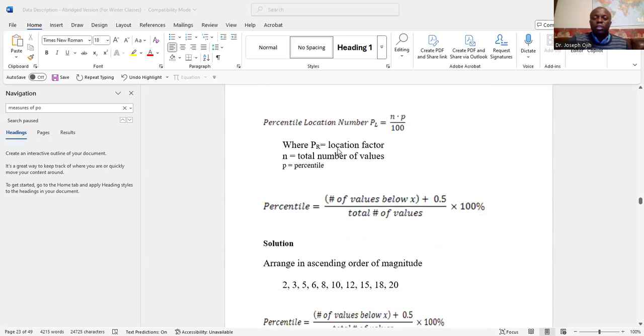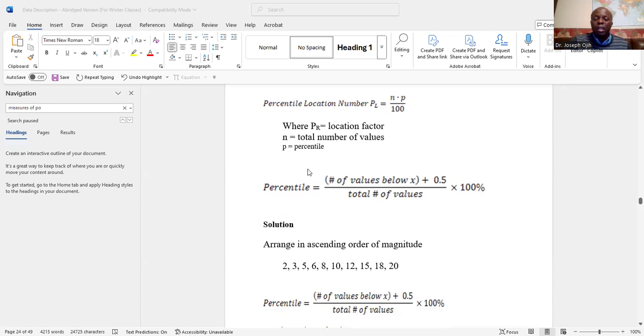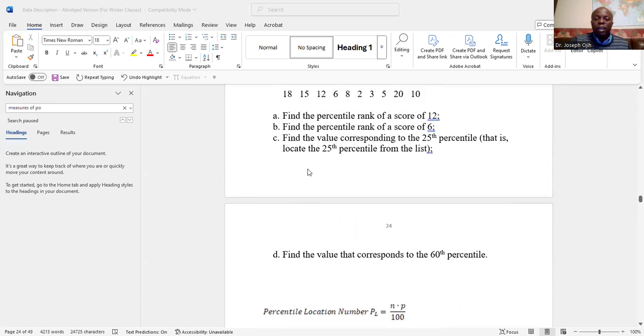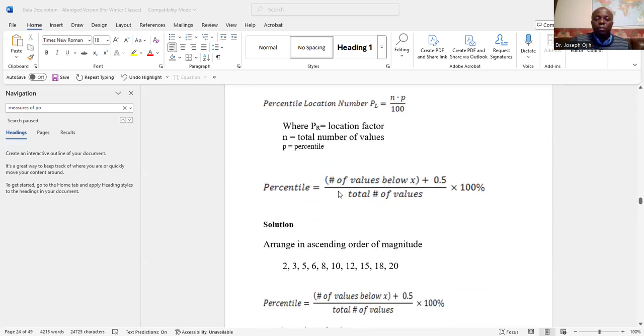Before I do that, I want to show you these formulas. To locate the percentile, use this formula: percentile location number PL equals n times p divided by 100, where PL is the location number, n is the total number of values, and p is the percentile of interest. For percentile rank, you use this formula: the number of values below x plus 0.5, divided by the total number of values, times 100.